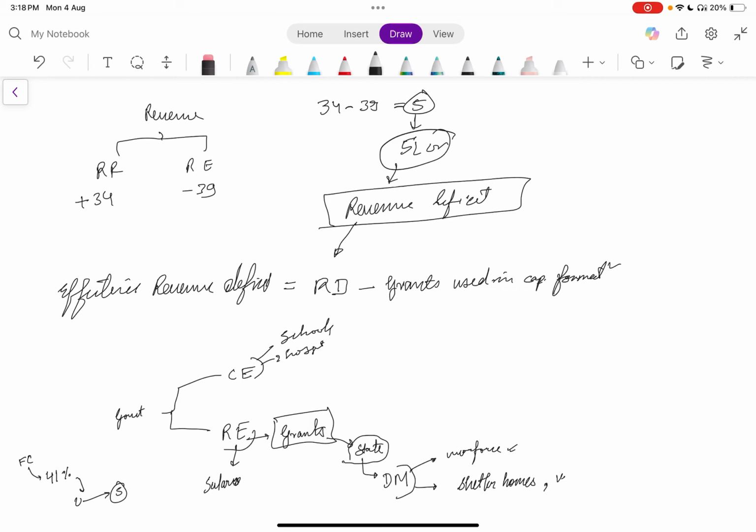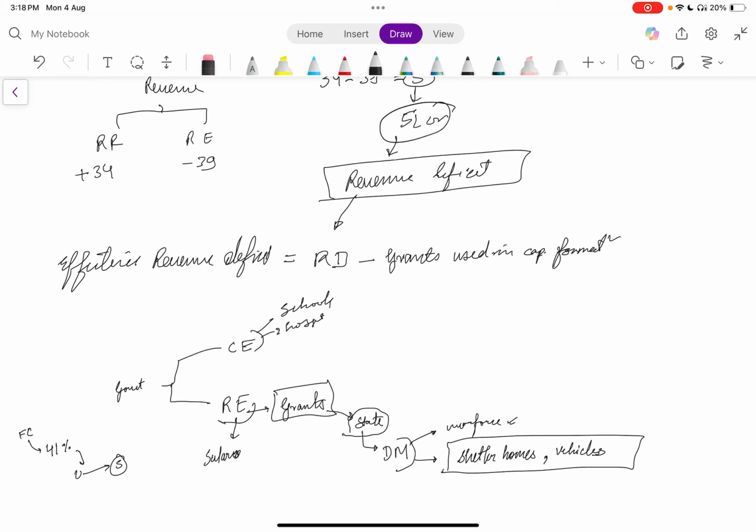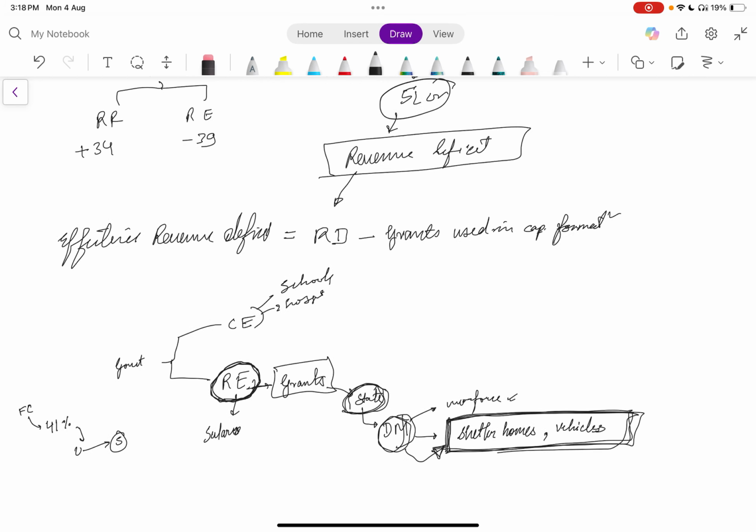It might acquire some vehicles which can be used at times of emergencies. So this money, which was written as revenue expenditure and granted to the state, is now used as capital expenditure. I mean, we have used this money to create capital. A shelter home and a vehicle is not revenue expenditure. It is capital expenditure. But what has happened is we have mentioned this capital expenditure in our revenue expenditure.